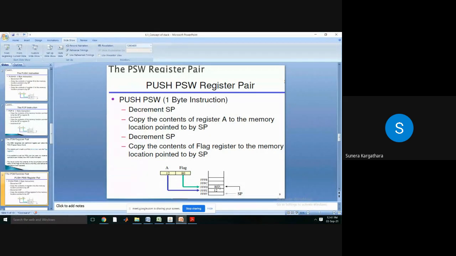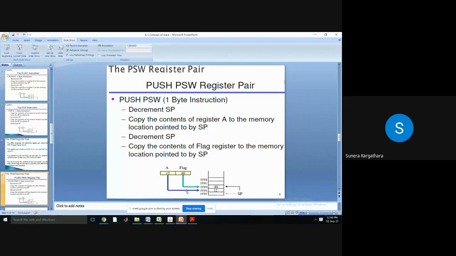If I pop it into another register pair, suppose I pop it into D, then whatever register D's content is, that is nothing but my flag register's content. Are you getting my point, students?